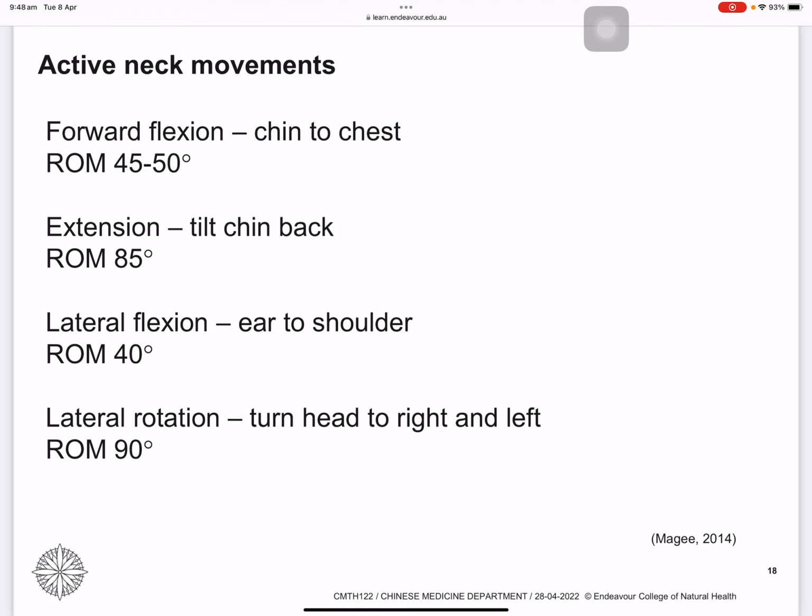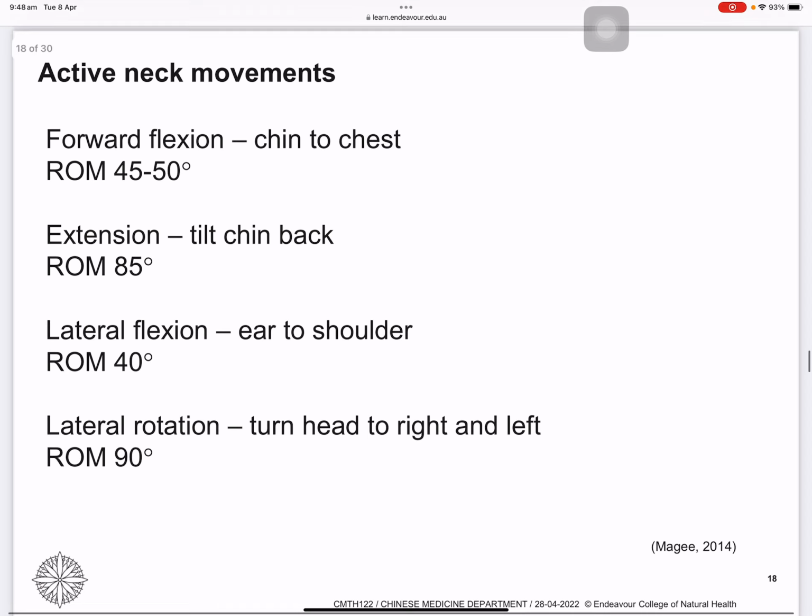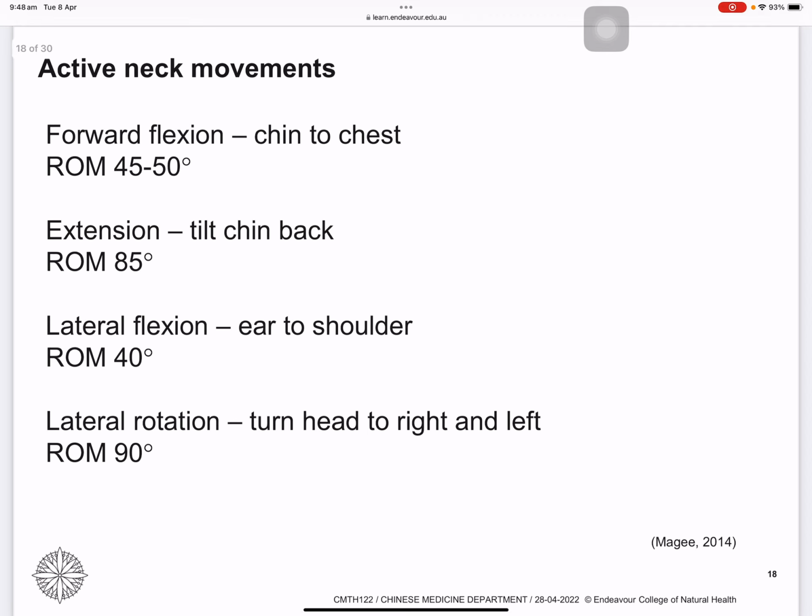Let's say on the right side they can tilt maybe 40 degrees, and on the left side they can only reach 20 degrees. So the problem is on the left side. If they tilt to the left and the range of movement is not enough 40 degrees, the problem is on that side. This muscle is too tight, so we can't move to 40 degrees.